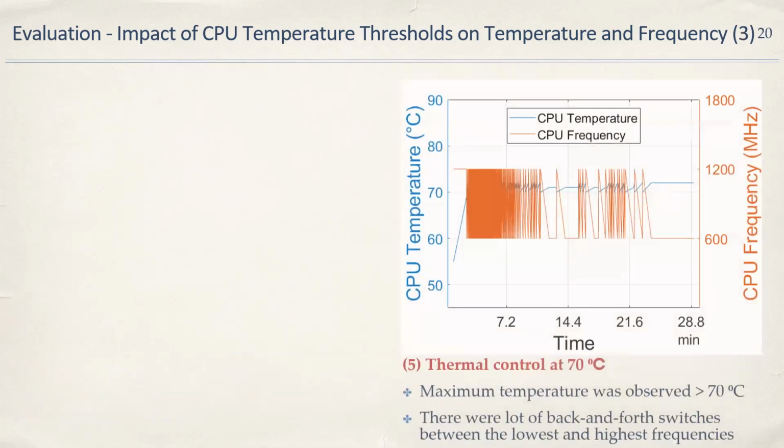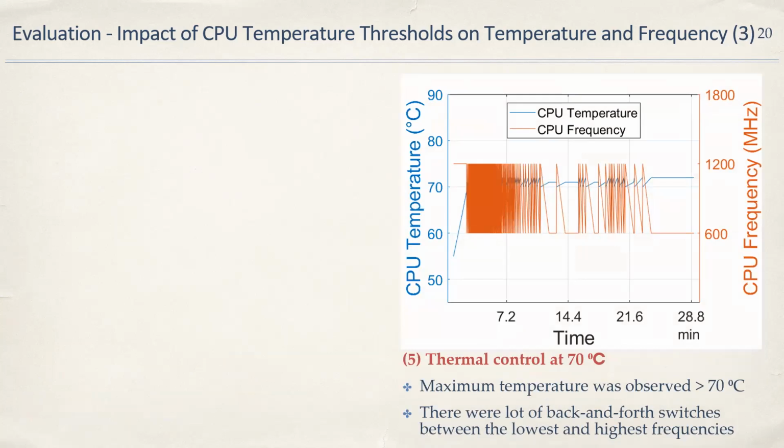And then we did it with 70 Celsius, and we saw a lot of back and forth between the CPU's highest and lowest frequencies. Basically, whenever the temperature crosses 70 Celsius, our thermal control system will clock the CPU at the lowest frequency, which is 600.